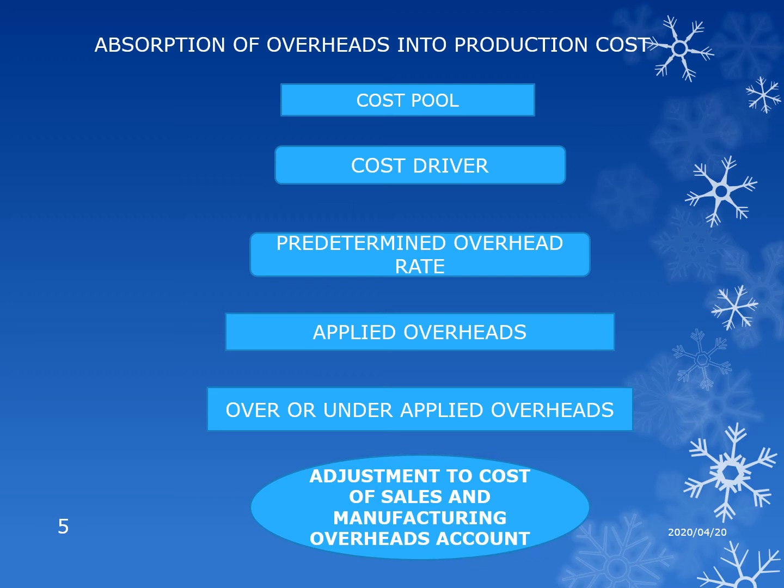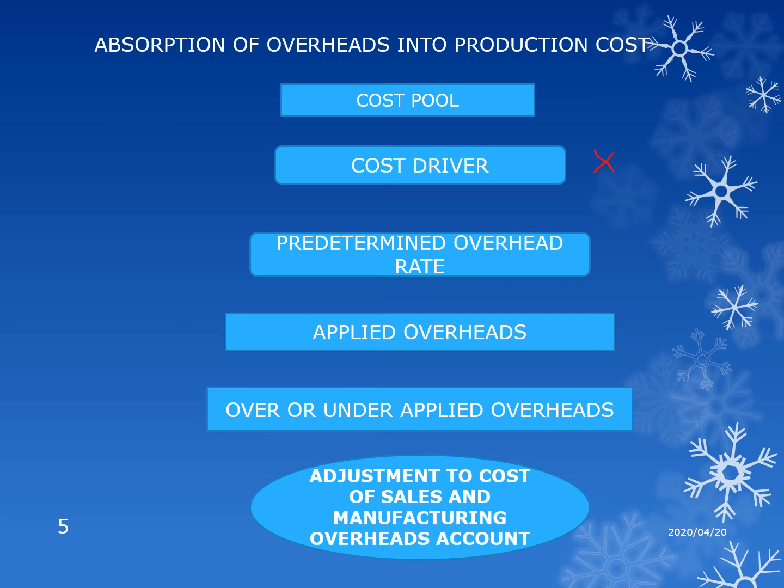Then once you have your cost driver, you can calculate your predetermined overhead rate. There is a formula: budgeted manufacturing overheads divided by the cost driver. The cost driver will be any one from here, and we will tell you which one to use.